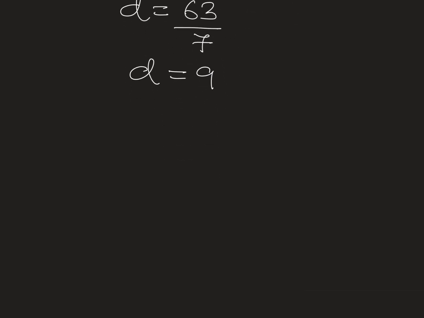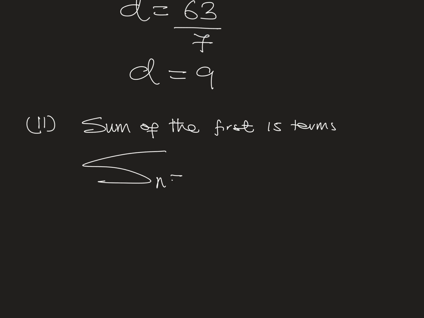So now we can answer the final question, which is the sum of the first 15 terms, using S sub n is equal to n over 2 into 2a plus n minus 1 times the difference.